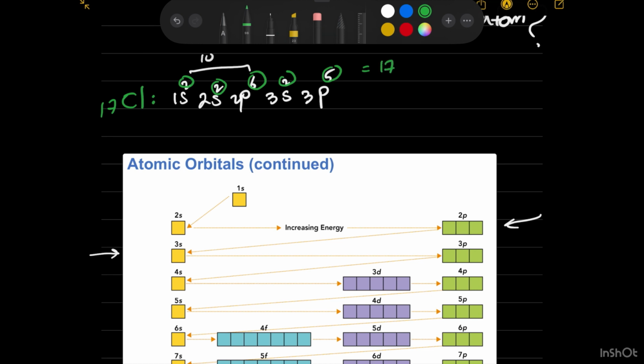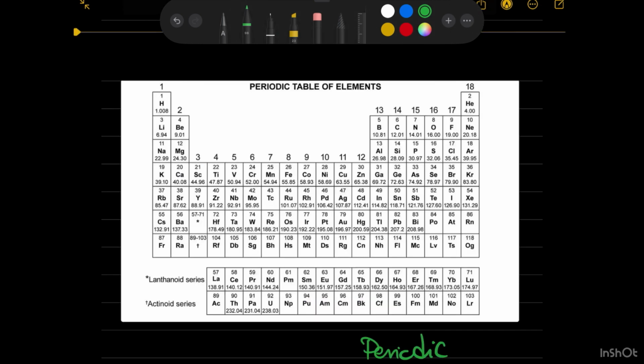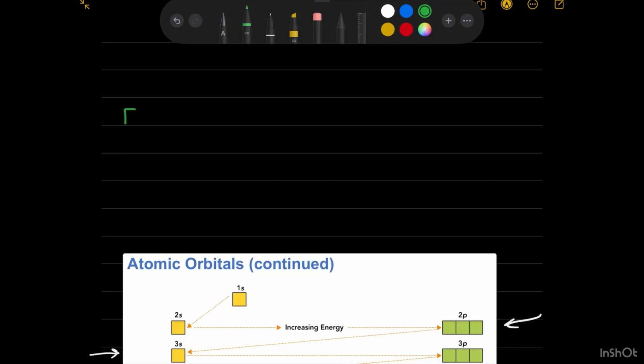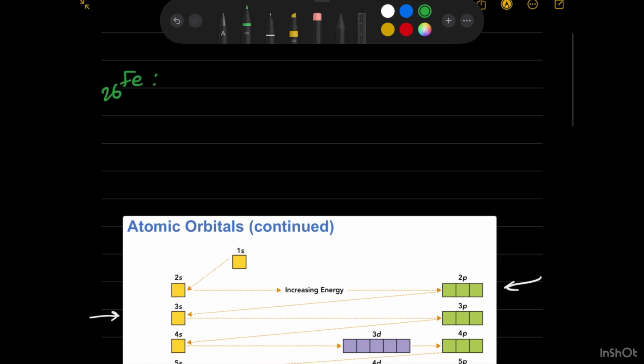Everybody's happy. Let's take another one in the middle of the periodic table, which are the transition elements. Let's take iron, Fe, 26 electrons. Actually, we have a story here. We have 1s2, 2s2, 2p6, and then after that we have 3s2, 3p6. How many electrons are filled so far?